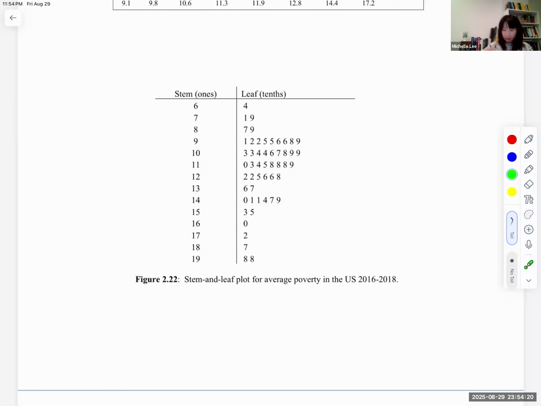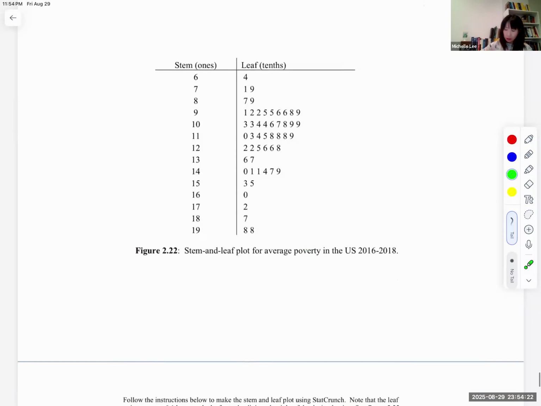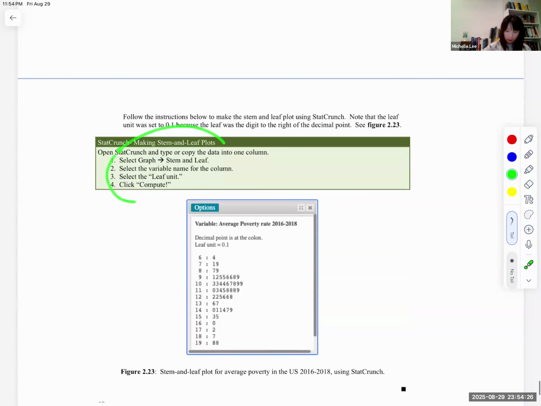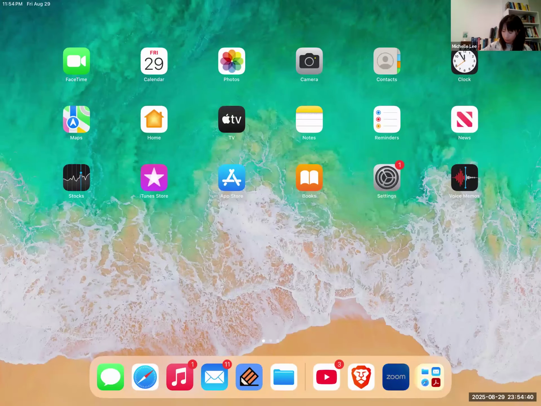All right. Now let's do StatCrunch. We want to copy and paste the data set and then input it into StatCrunch. All right, so let me close it here. All right, share screen.